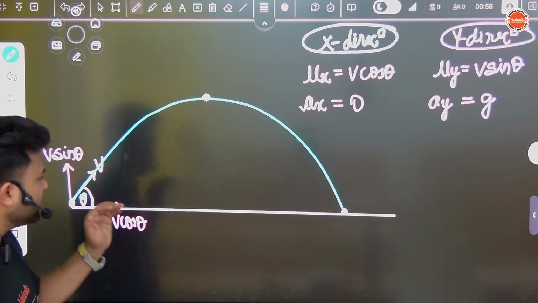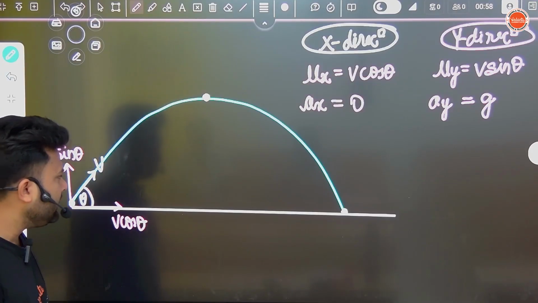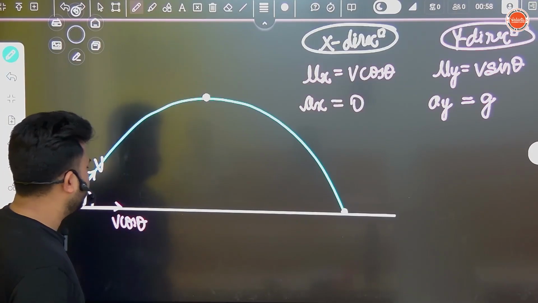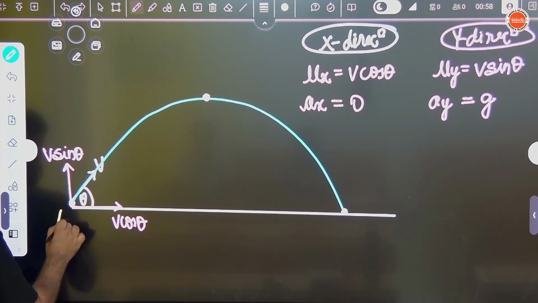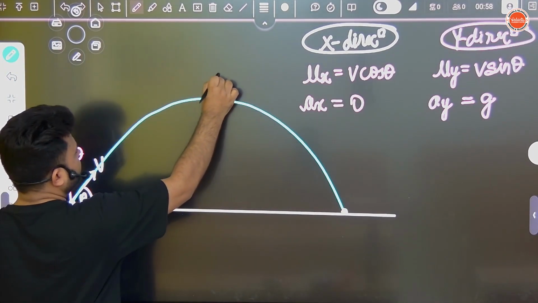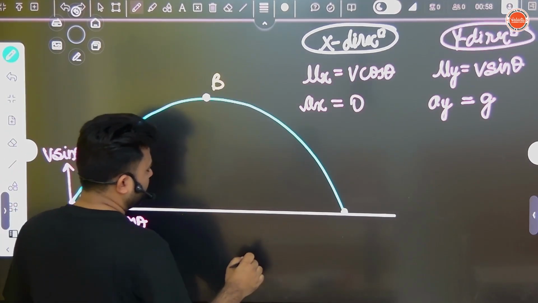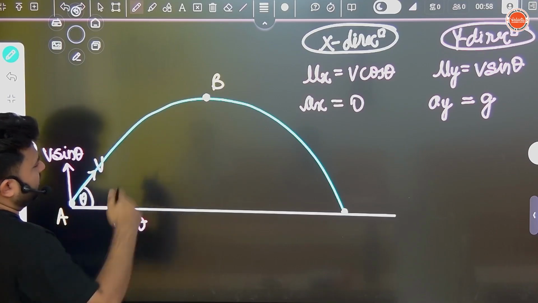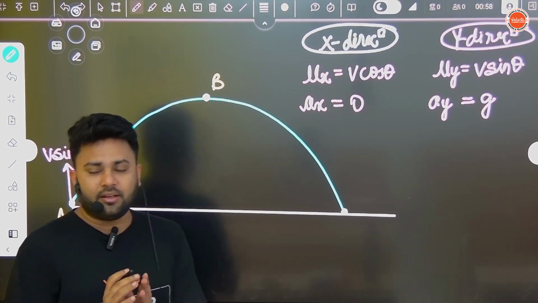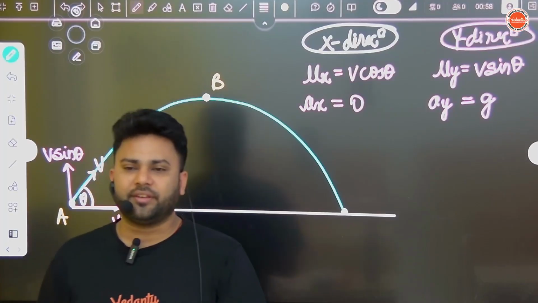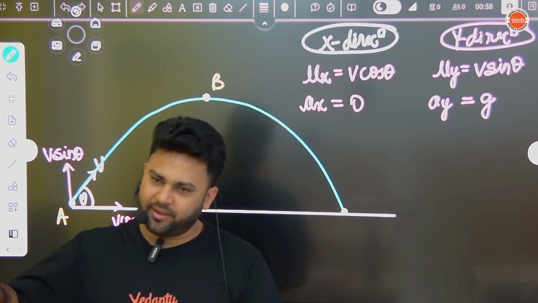Now how to solve? They have asked how much time it will take to go to the topmost point. Means if we focus on our A to B journey, suppose this is A, this is B, so time to reach from A to B. Now when you are applying equations, x direction you apply separately, y direction you apply separately.